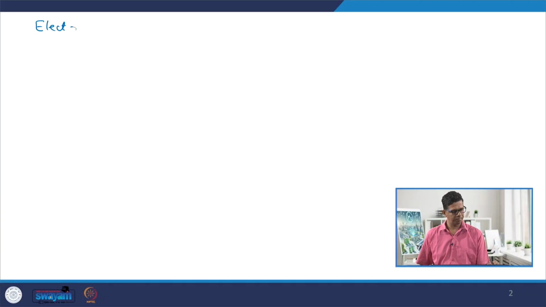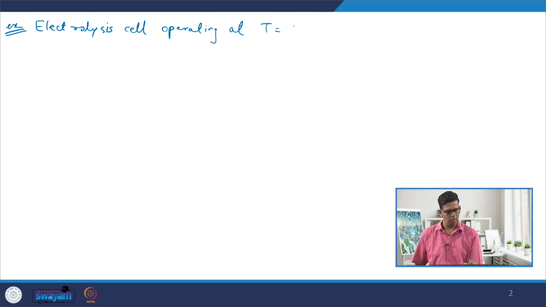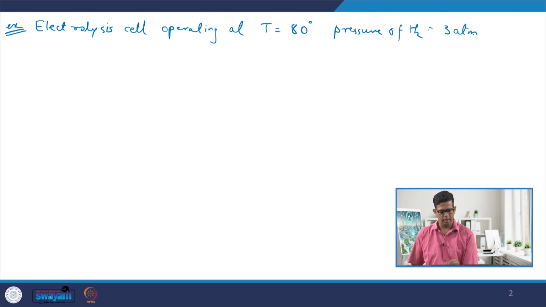So, let us have this electrolysis cell operating at T equals 80 degrees Celsius, with pressure of hydrogen at, say, 3 atmospheres and pressure of oxygen now at 5 atmospheres.